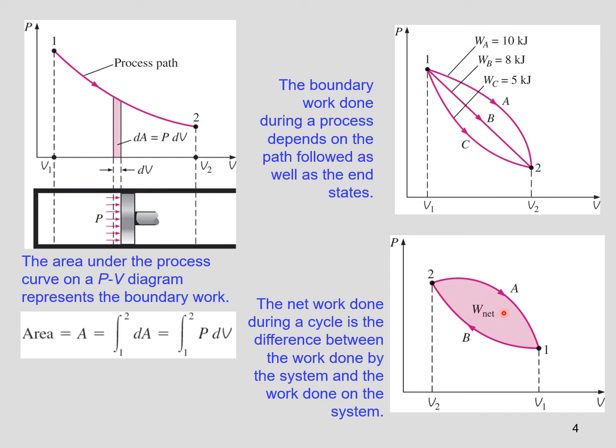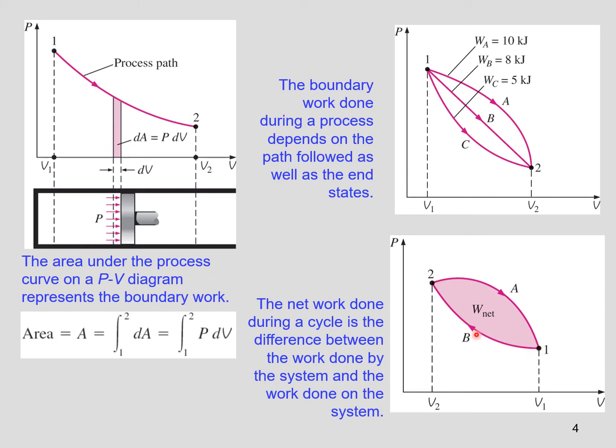You also have the case, like in an automobile engine, where the process is cyclical. In other words, you go from state 1 to state 2, back to state 1. The net amount of work done is equal to the area between the two curves. For example, as the piston in a car is compressed, it goes from state 1 to state 2.